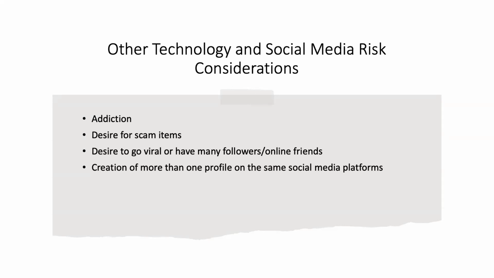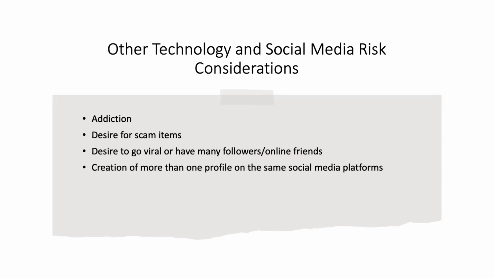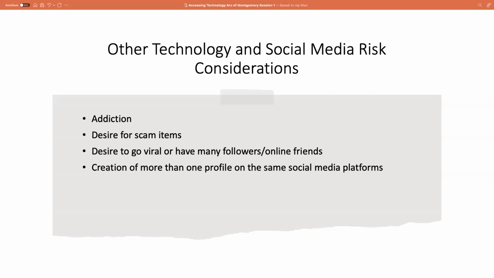Other things are these desires for scam items. So a story about this is I was working with a 26-year-old with Down syndrome, and I gave her a message to practice with. And the message said, you want a free cruise. All you have to do is give me your social security number and you have the ticket to the Bahamas.